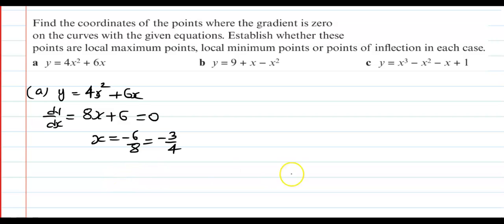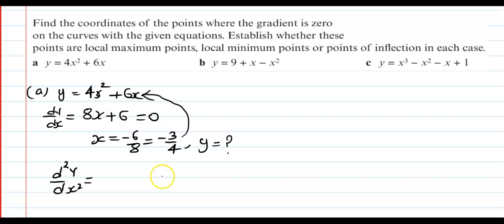Now again differentiate, d2y over dx2. We don't require y here, but if you want, you can put x here and you will get the value of y.